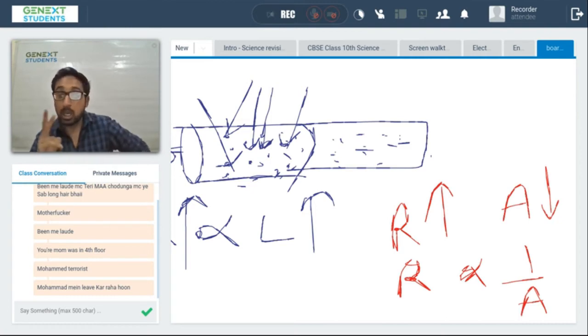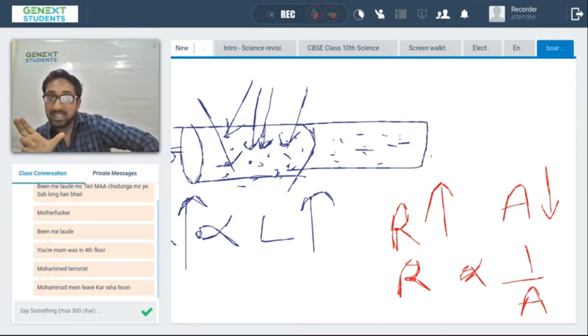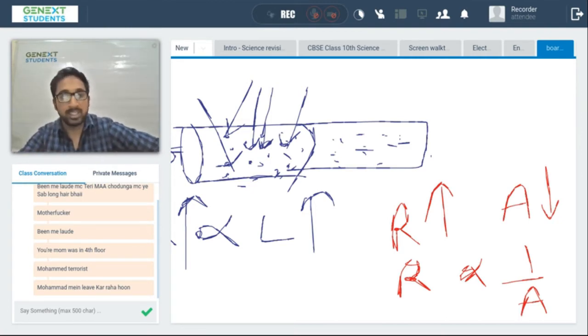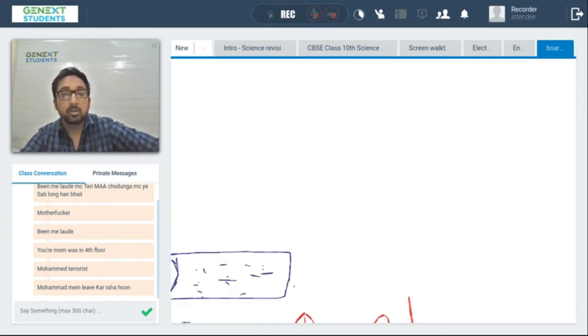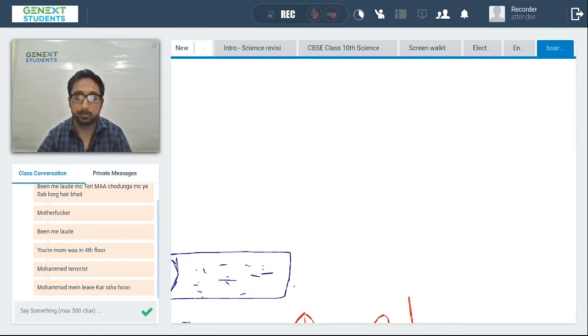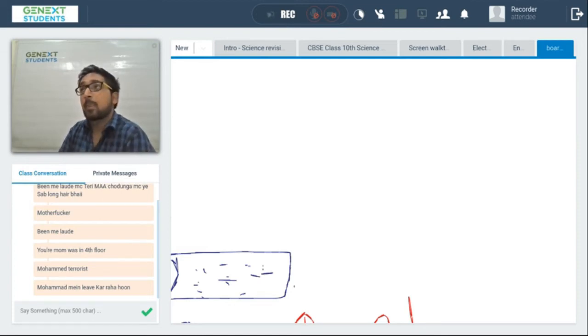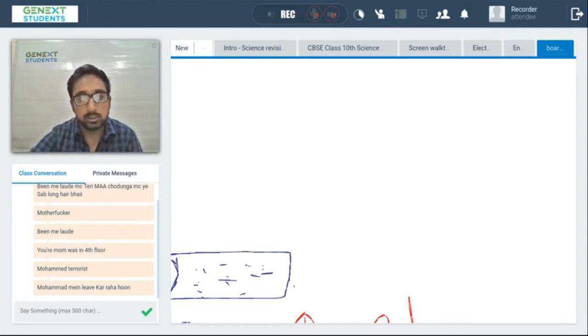Do you get it? So after combining these two parts, we get a formula for resistance. And that formula comes out to be this. Okay, this is the formula for resistance, right?